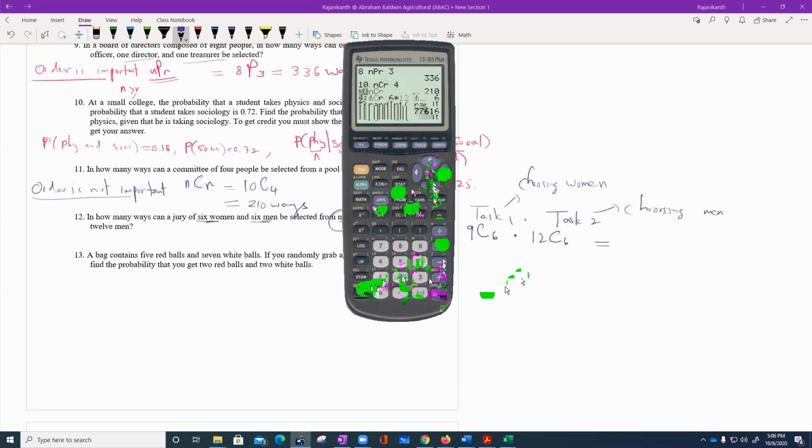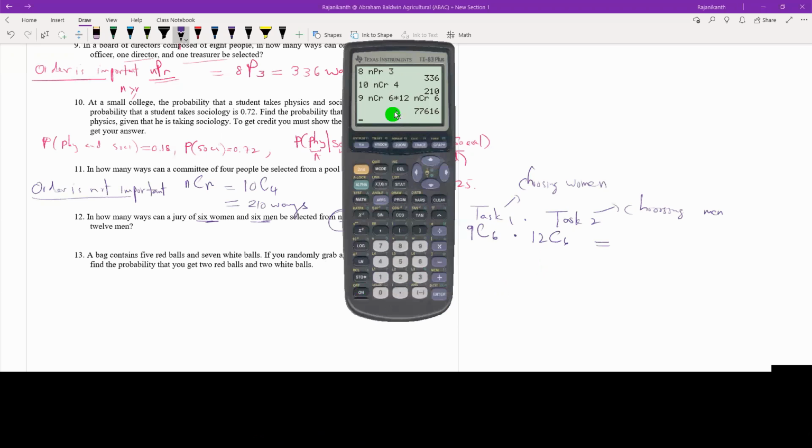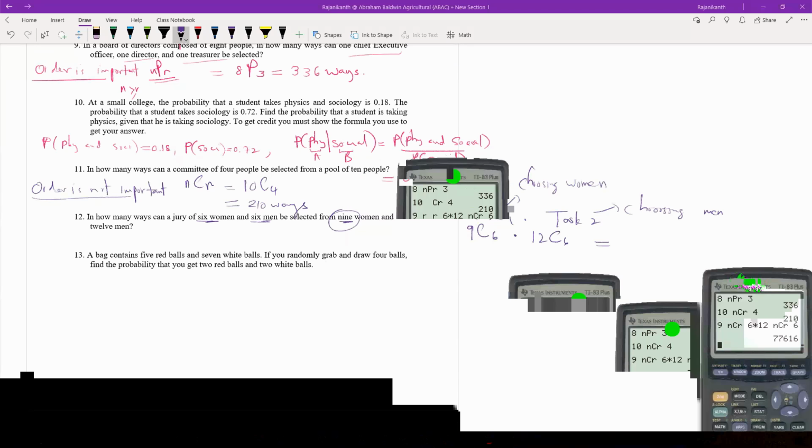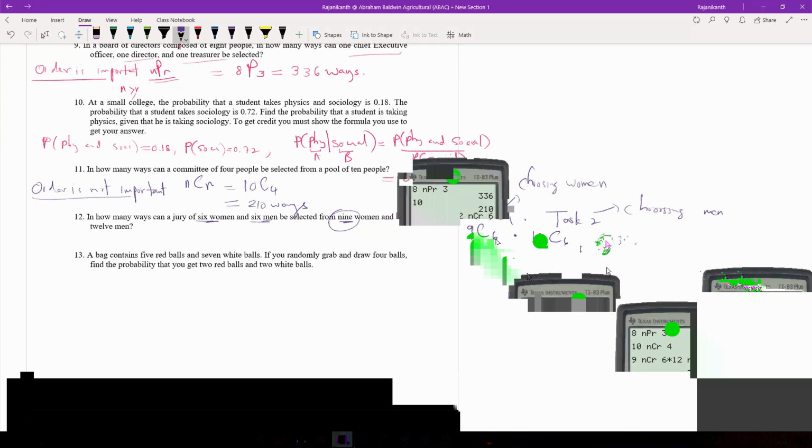Oops, my answer is different. I typed it wrongly; I think I need to put in the parentheses. So first type 9 choose 6, which I said should be 36, then 12 choose 6, which should be 924. Then multiply these two, which should give you 33264.